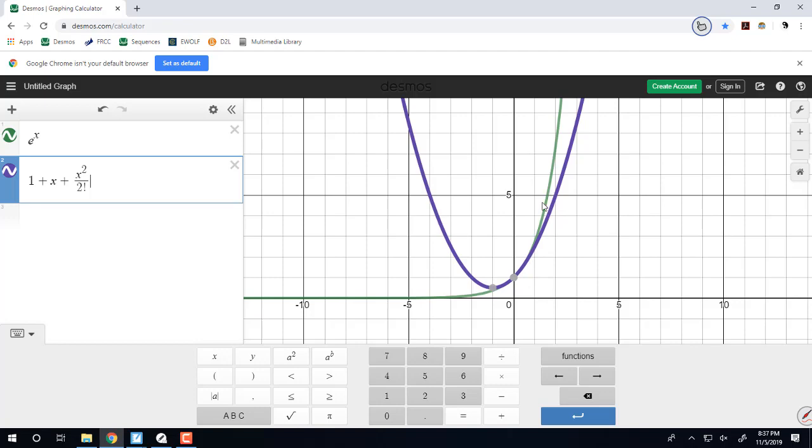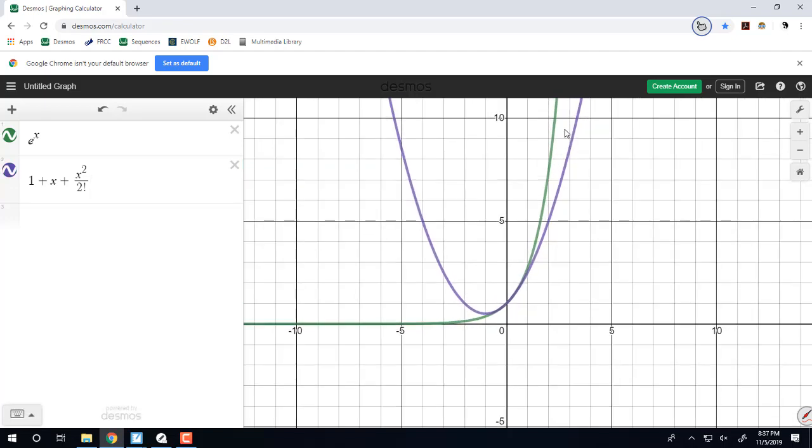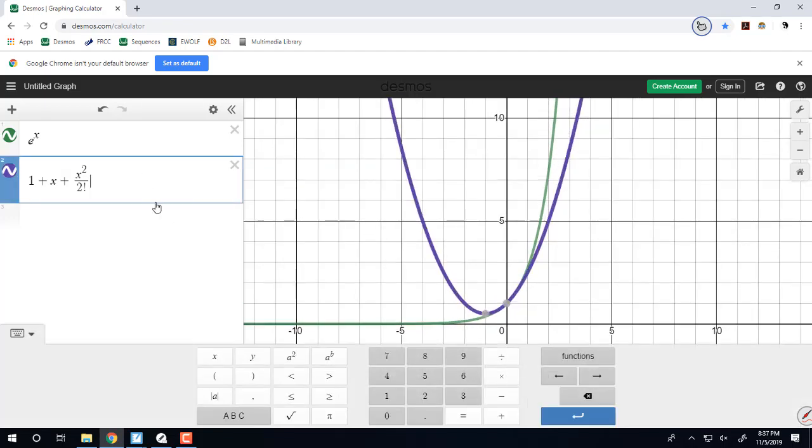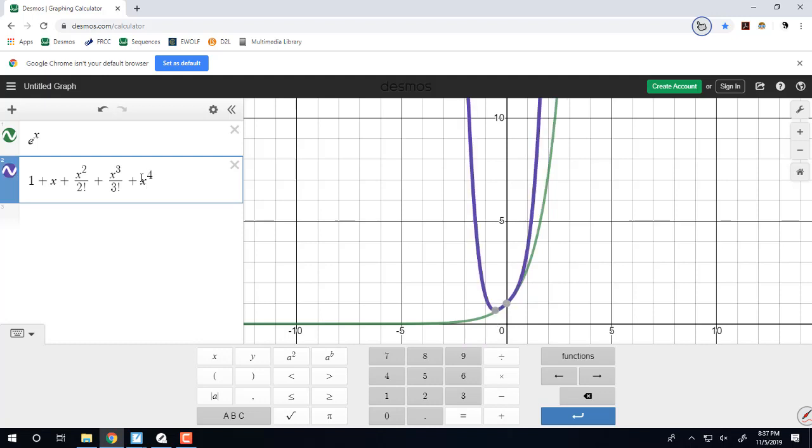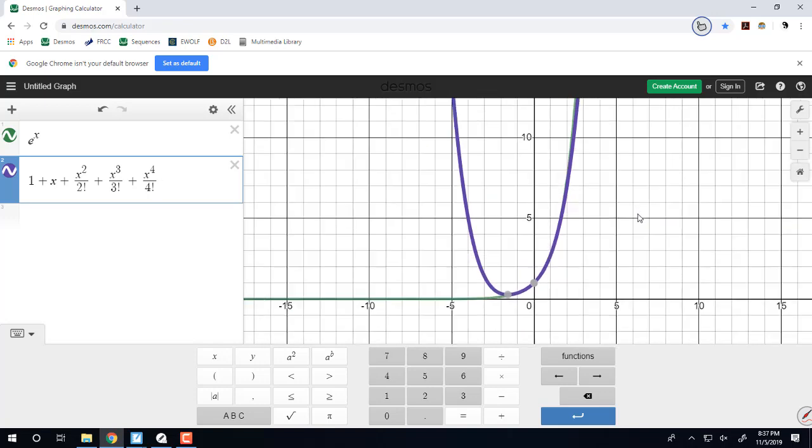Specifically, this white space here, when we add on the next term, it tightens up. And then when we add on the fourth term, it's even better.